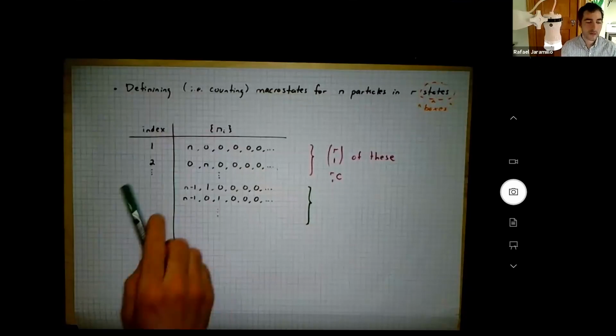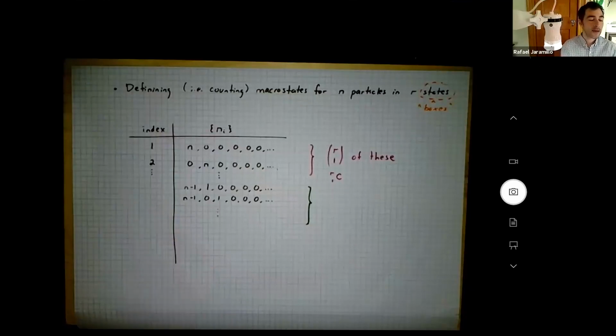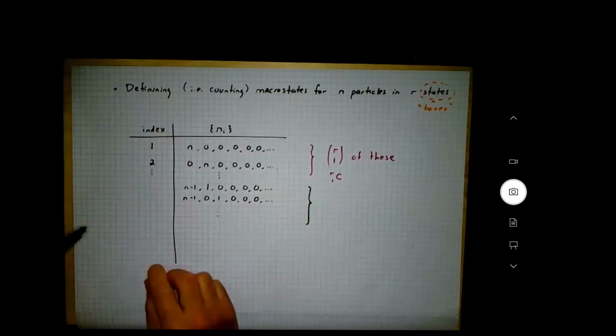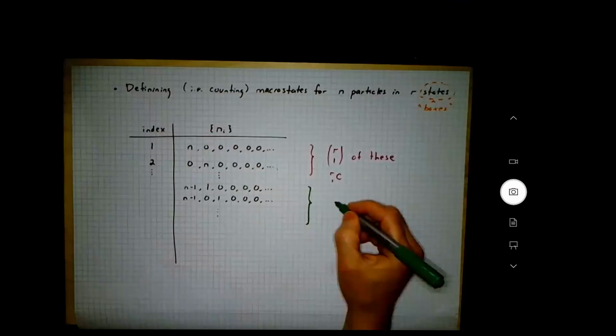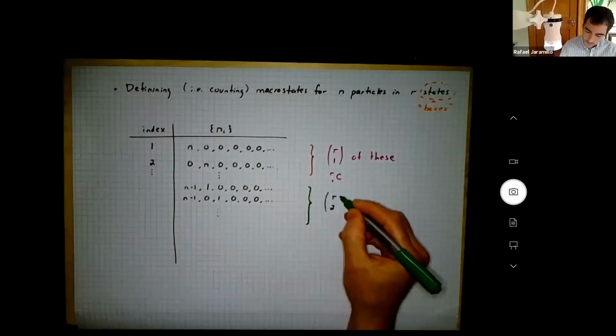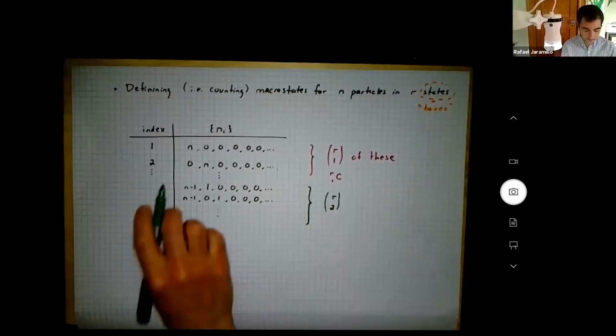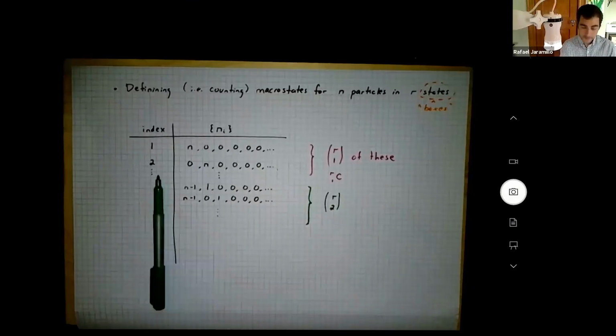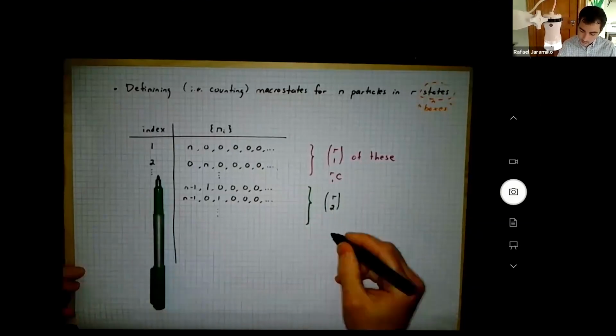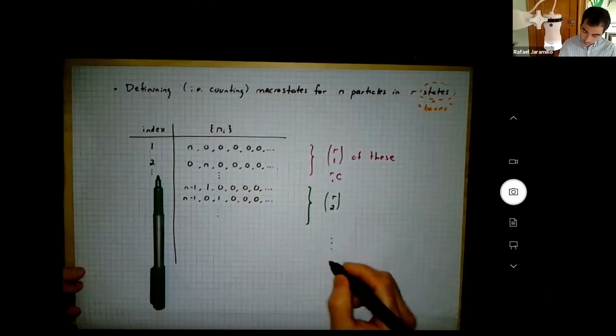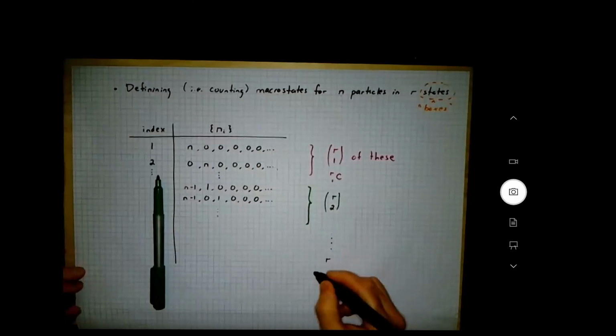Do we have an expression for how many ways we can choose 2 boxes out of R boxes? R choose 2. Good. And this keeps going until you get to R choose the minimum of R and N.